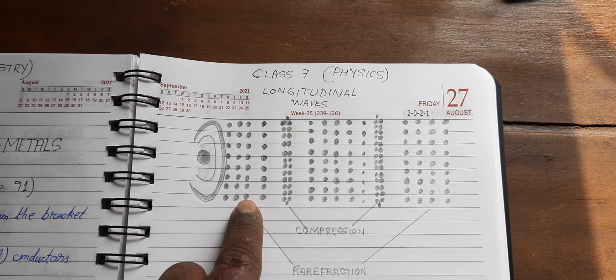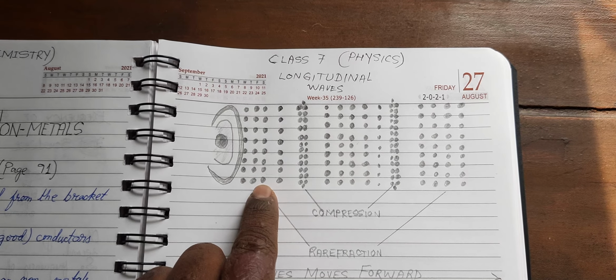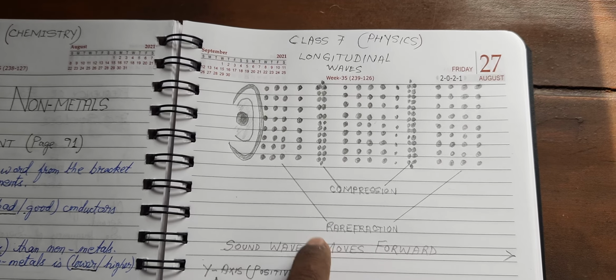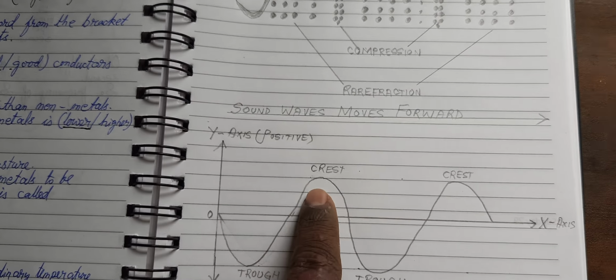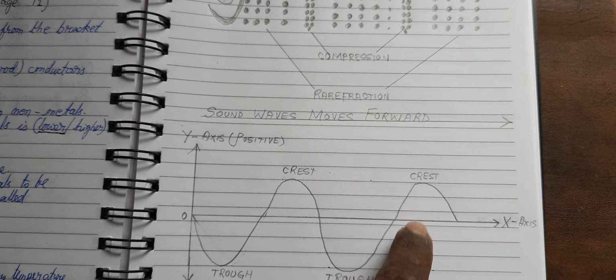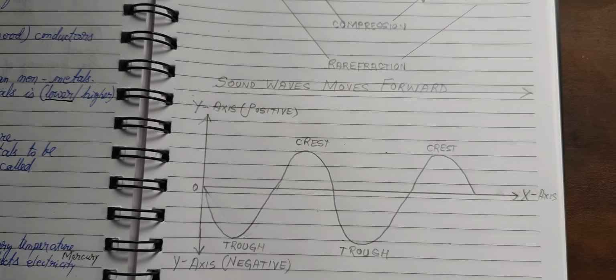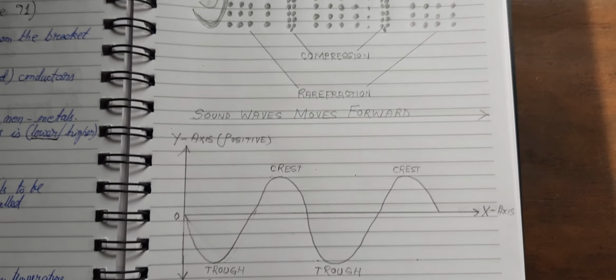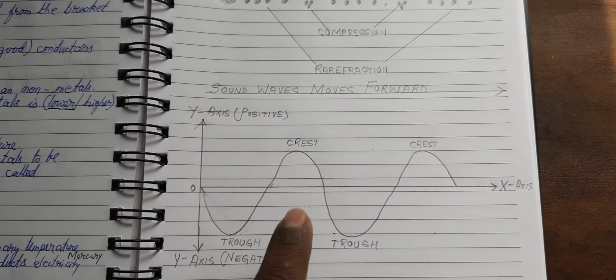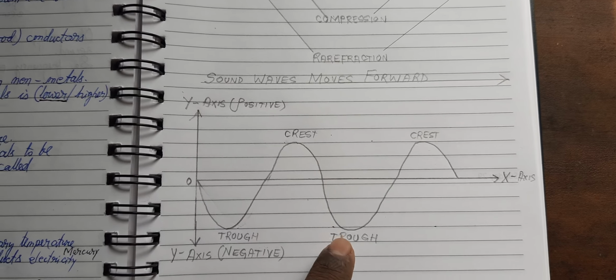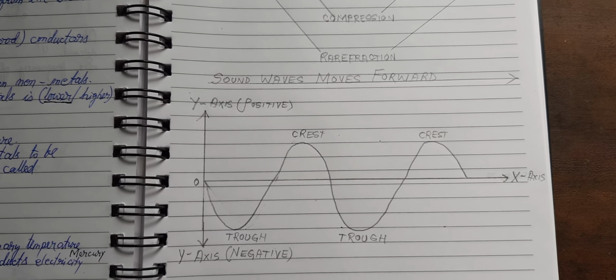Compressions are represented in the graph by the topmost part and the rarefactions by the bottommost part. And it is a series of compressions and rarefactions. In this particular graph, the upper part is the crest and the down part is the trough.